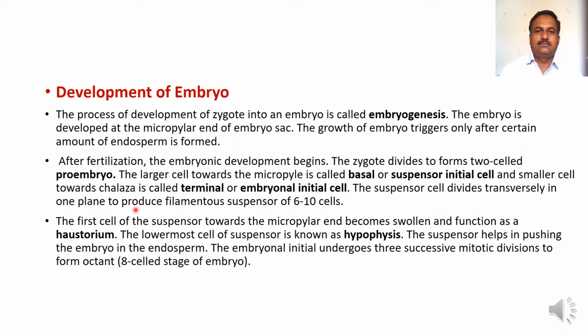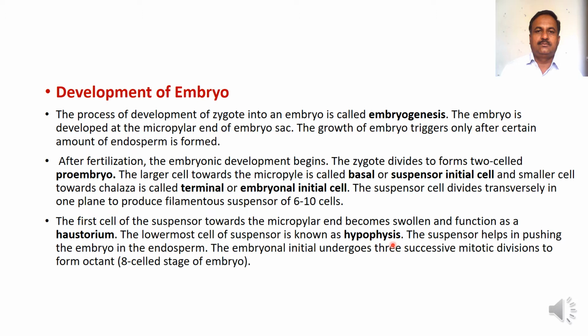The first cell of the suspensor toward the micropylar end becomes swollen and functions as a haustorium. The lowermost cell of the suspensor is known as hypophysis. The suspensor helps in pushing the embryo inside the endosperm.